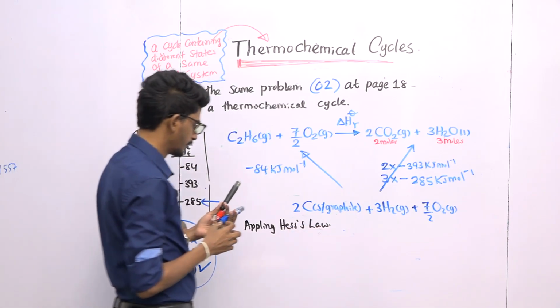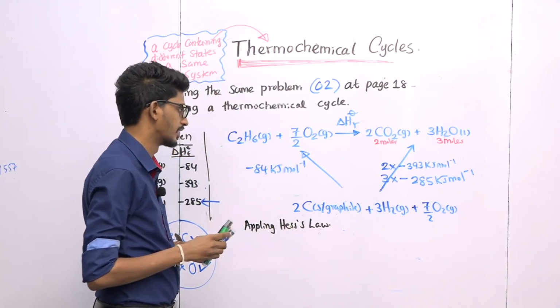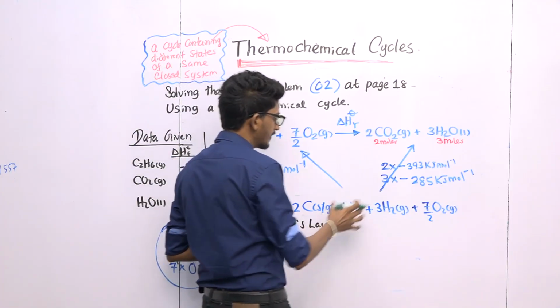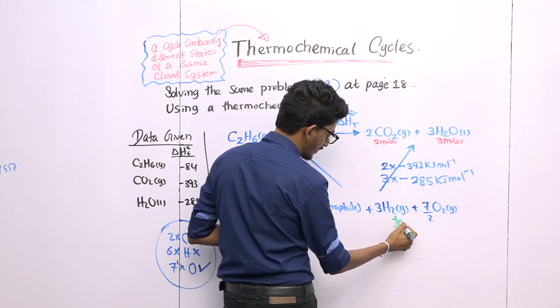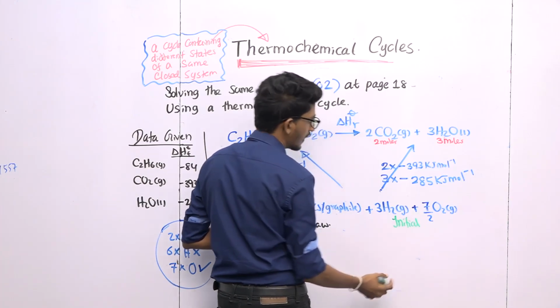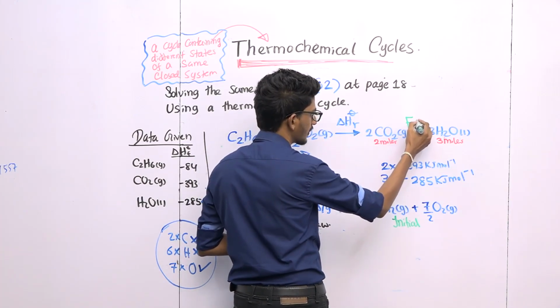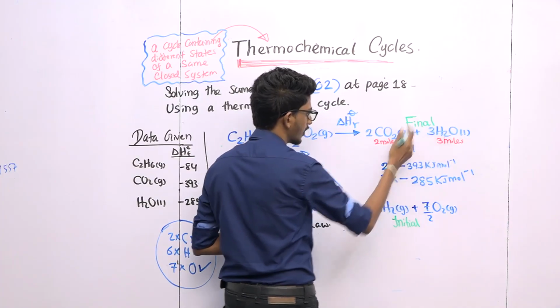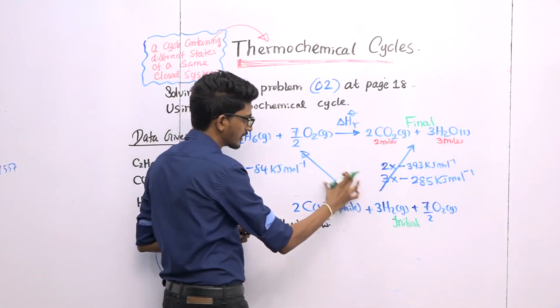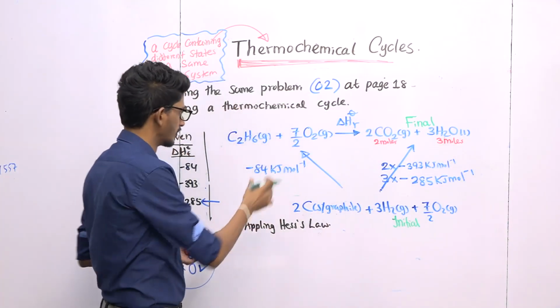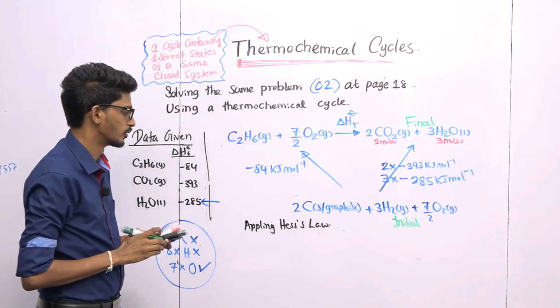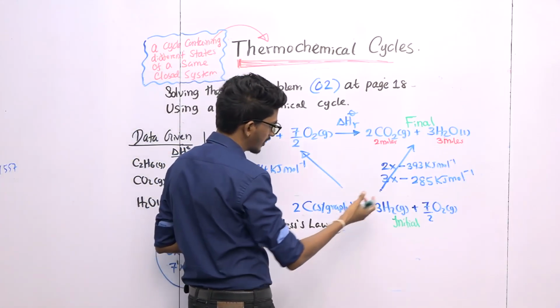To apply the Hess law, first you need to come up with the initial and final states. This is the initial state where all the arrows begin, and this is the final state where all the arrows end. This is an intermediate state. So 2 routes are available to go from initial to final.